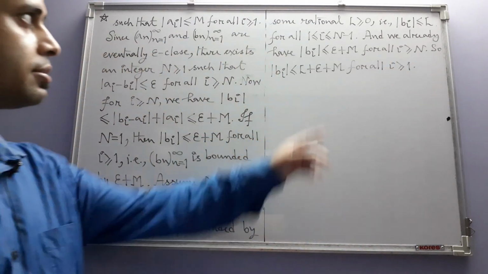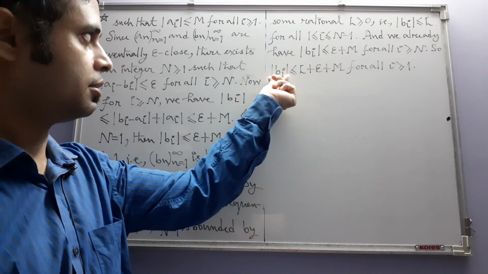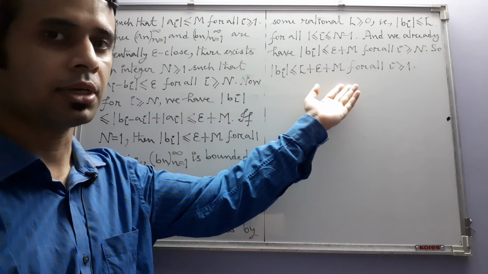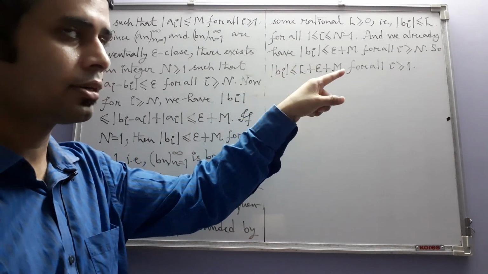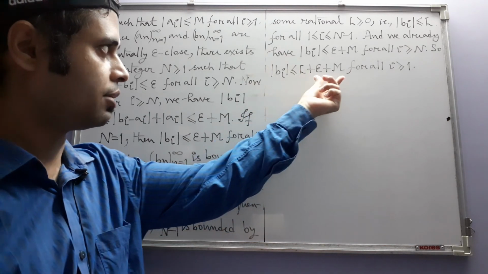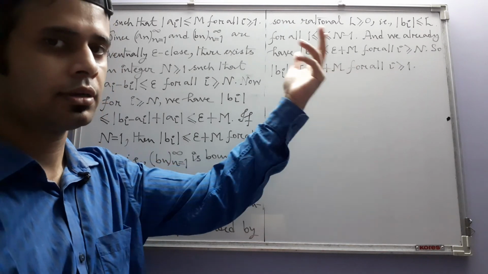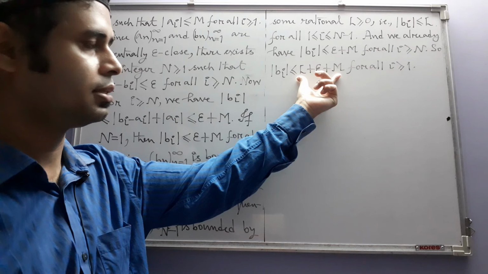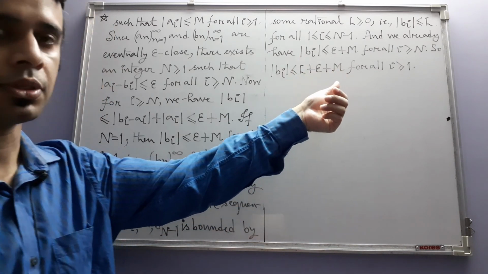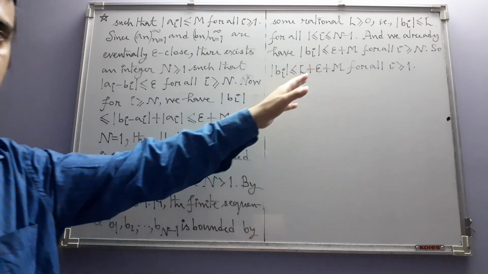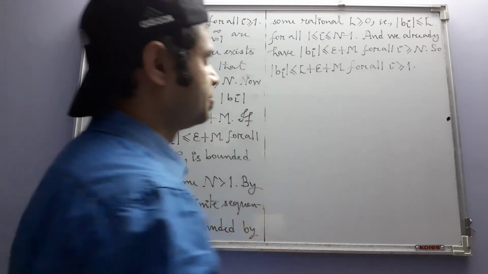If i lies in this range, then this is less than or equal to L. So automatically it will be less than L plus epsilon plus m. And if i is greater than or equal to N, then this absolute value is bounded by this quantity epsilon plus m, and hence it's bounded also by this even larger quantity L plus epsilon plus m. So this acts as a rational number that bounds the whole sequence.